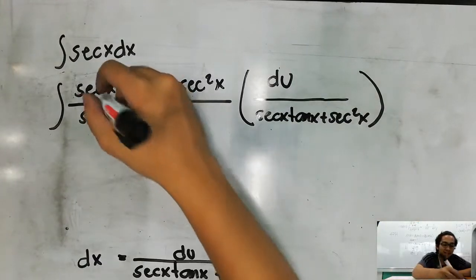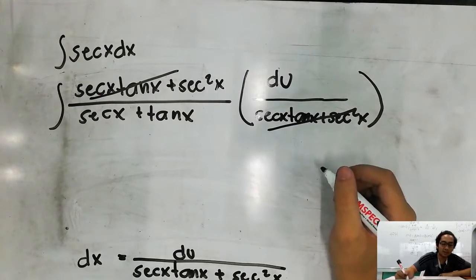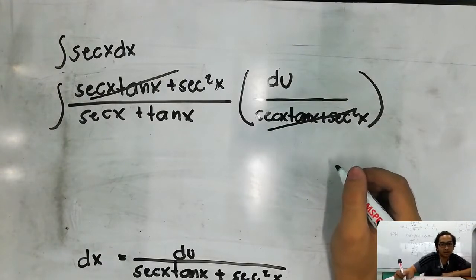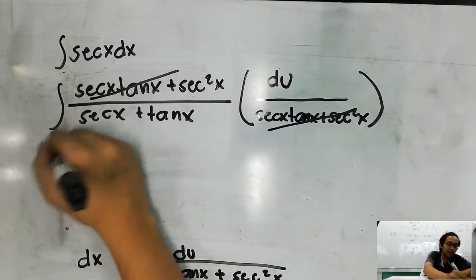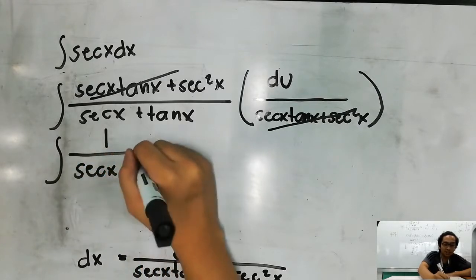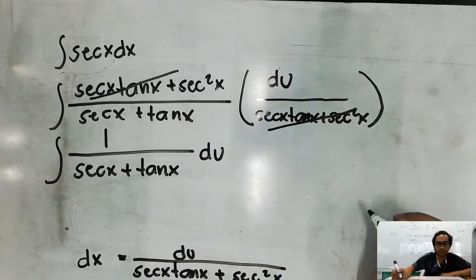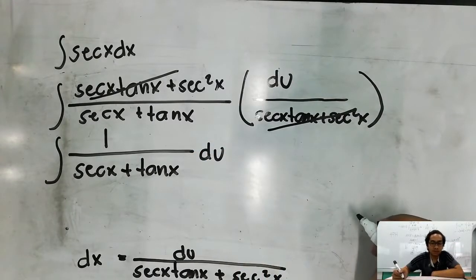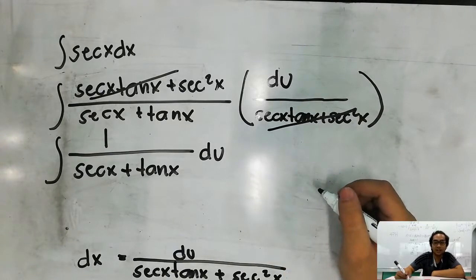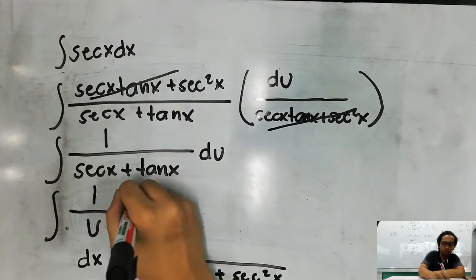We now cancel secant x tangent x plus secant squared x. We are left with the integral of 1 over secant x plus tangent x du. As we mentioned earlier, our u is secant x plus tangent x, so we may rewrite it as the integral of 1 over u du.